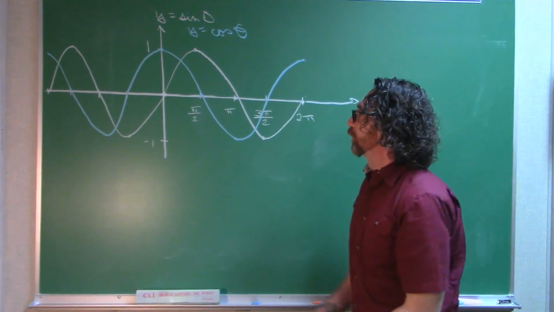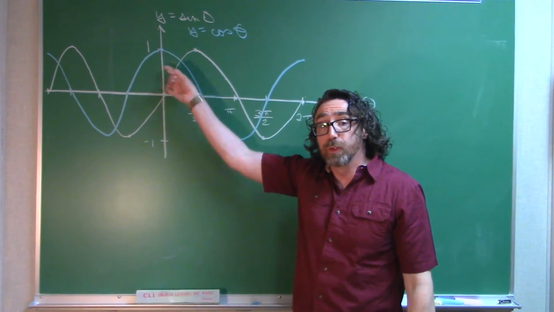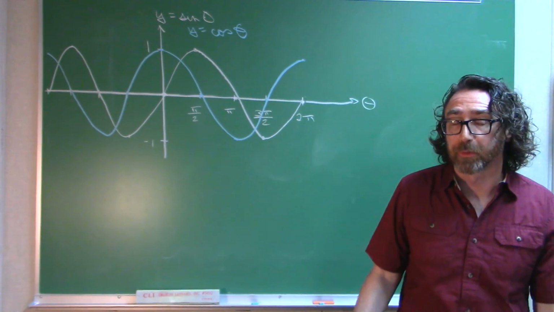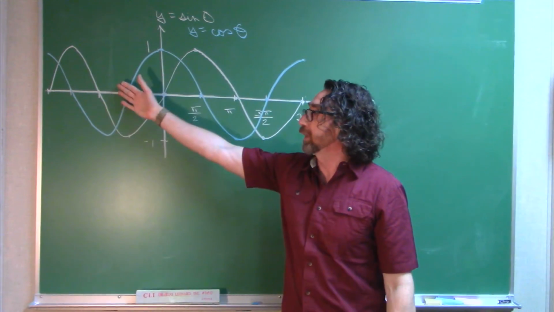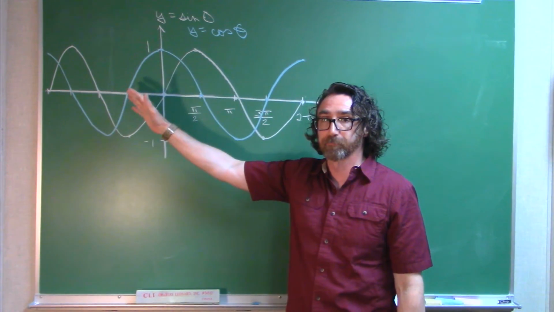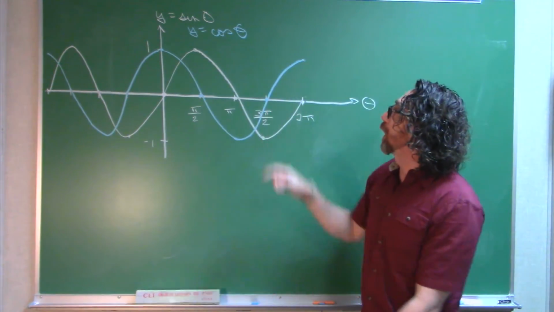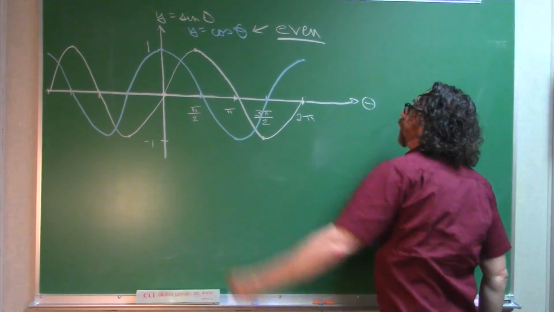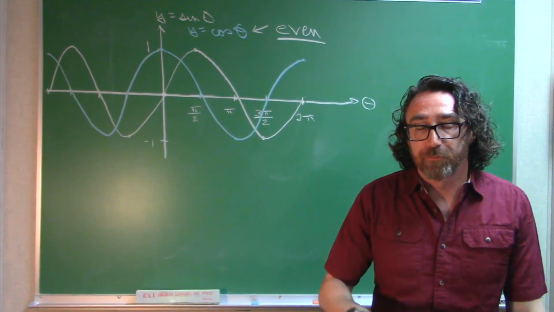I want you to notice that the blue graph, the graph of y equals cosine theta, the left side is a mirror image of the right side. It's like an exact copy. Cosine theta has y-axis symmetry. That's called an even function.